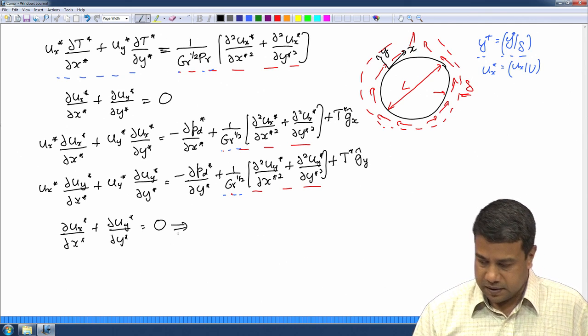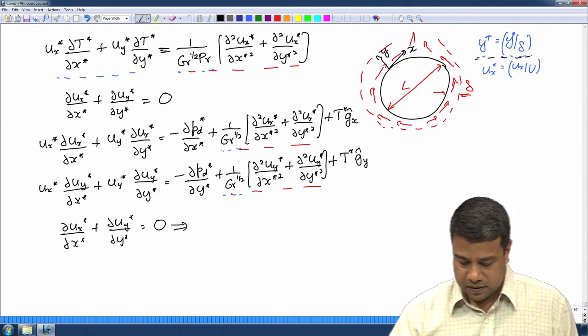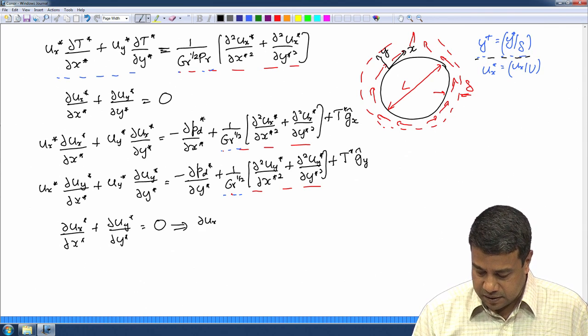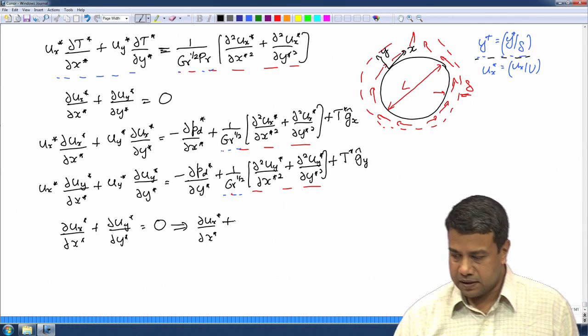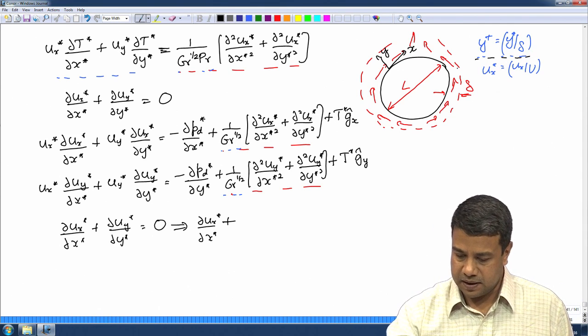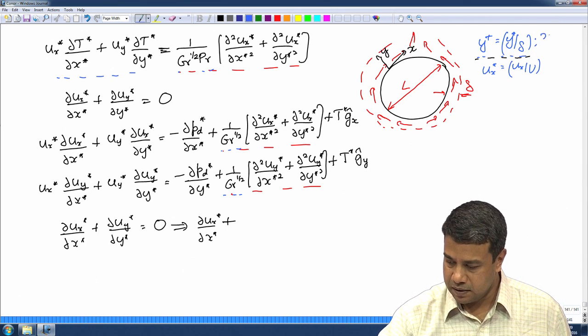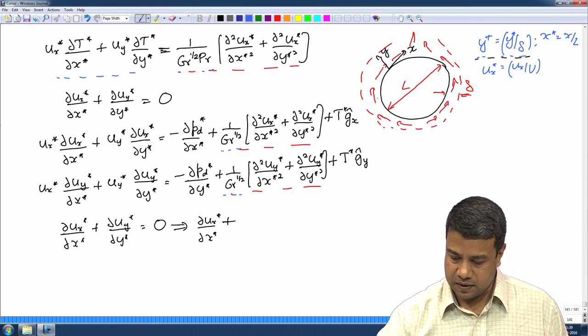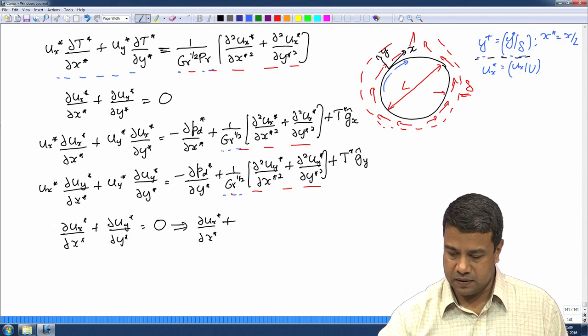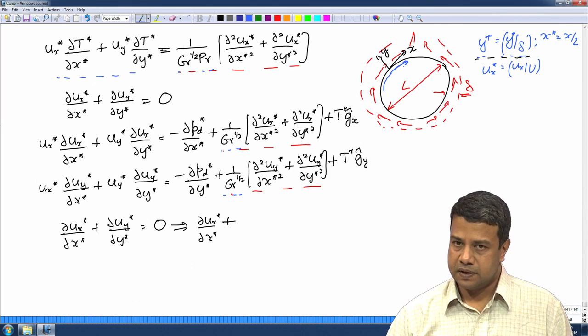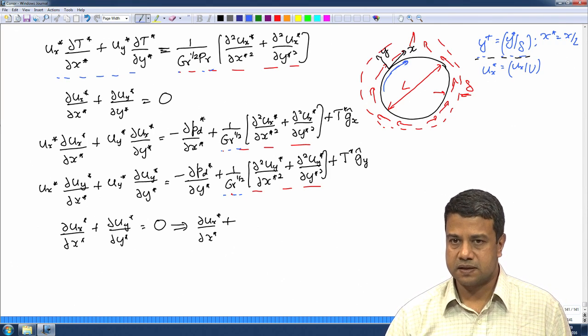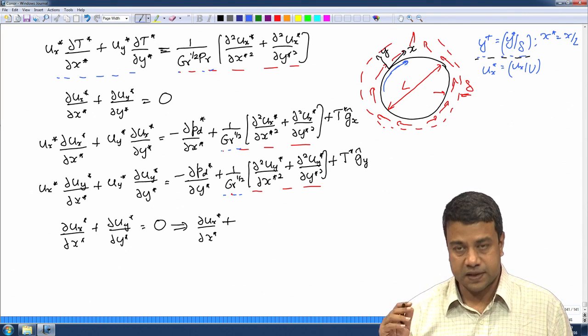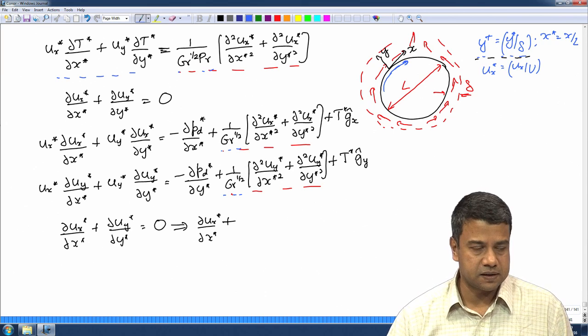If I rewrite this in terms of the scaled cross stream coordinate, I will get partial ux by partial x plus, note that the streamwise coordinate is still scaled by the characteristic length, because for the streamwise coordinate along the surface, the characteristic length is the dimension of the object.